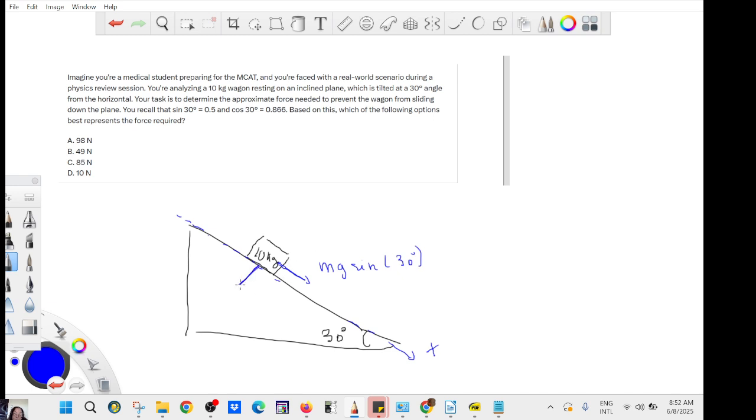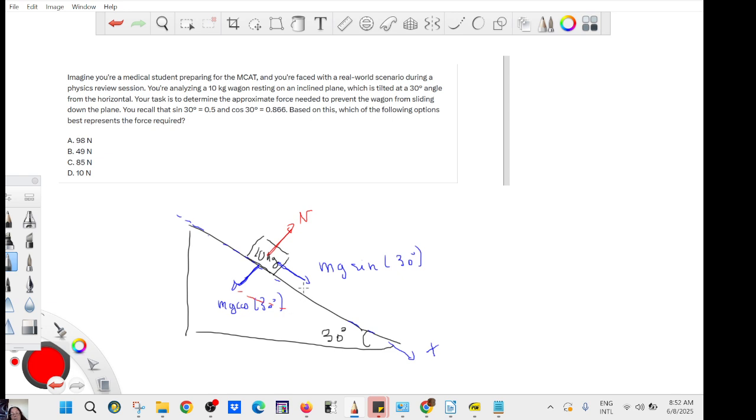And then you have another component of the weight here, mg cosine 30, and usually it's balancing out the normal force. You always have the normal force here. Normal means perpendicular, so perpendicular to the inclined plane. You always have a normal force.